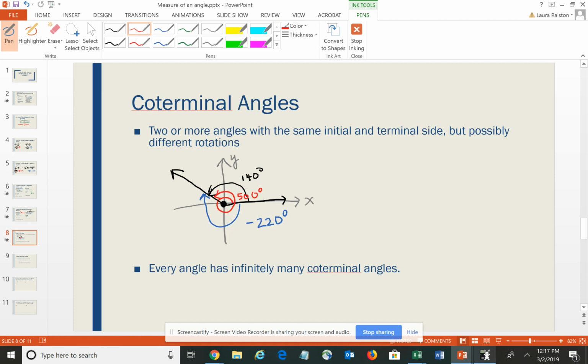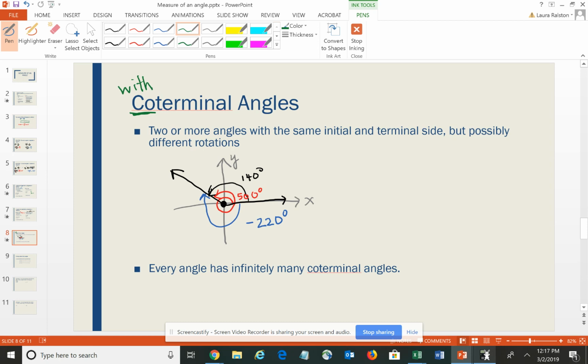So a coterminal angle, if you're familiar with words in English, co is the prefix that means with. So coterminal means it has the same, or with, terminal side. And so it's an angle that has the same terminal side. And every angle has infinitely many coterminal angles because I could keep going around and around and around, making multiple revolutions.